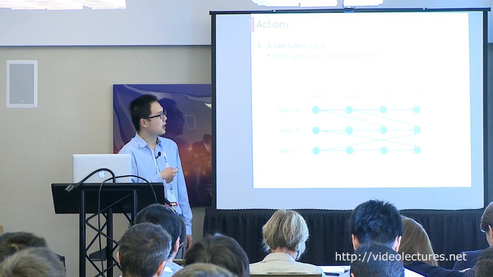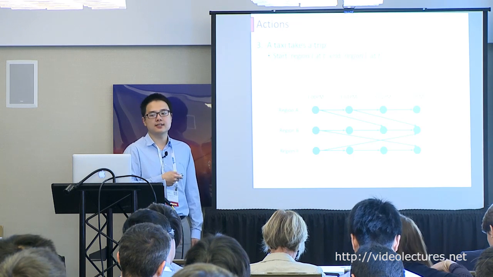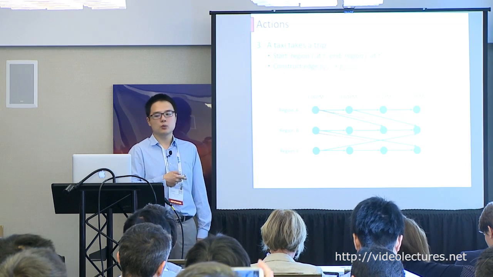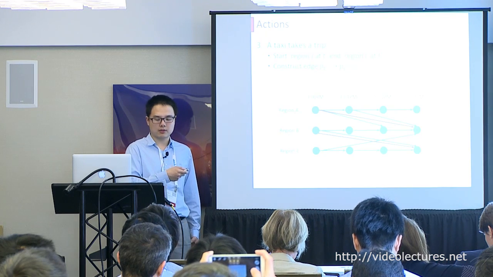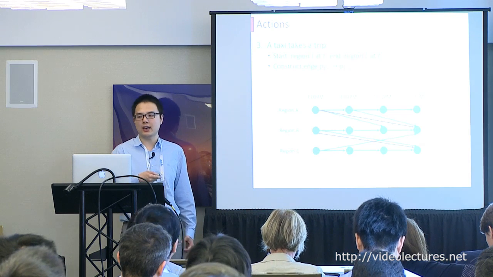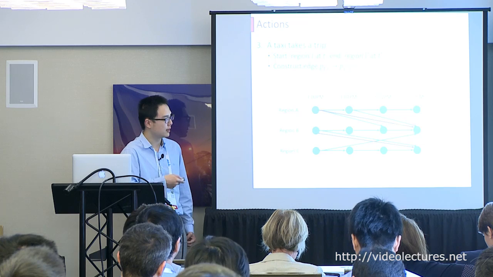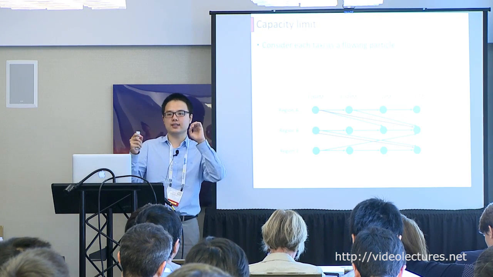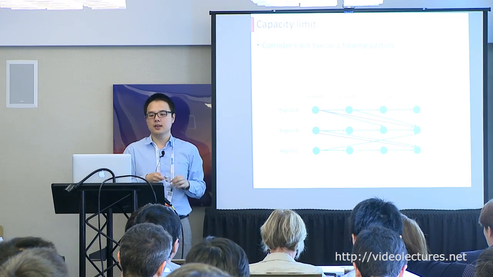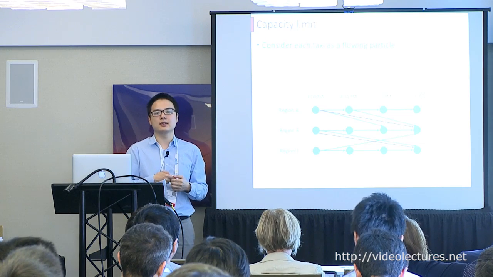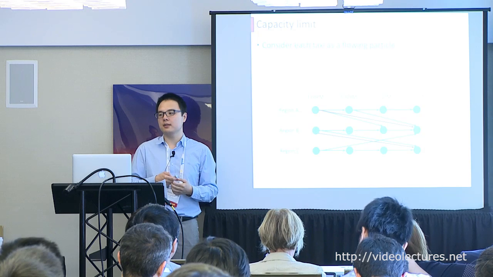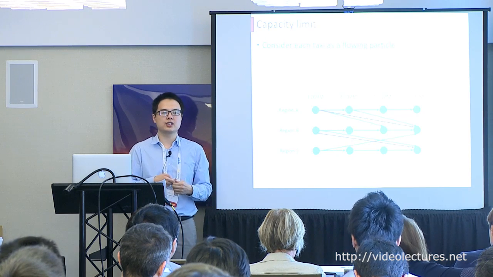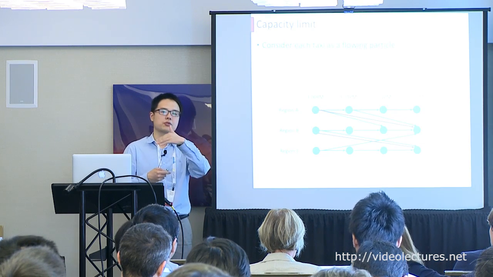Suppose a trip starts in region L at time t and ends in region L prime at t prime. We construct an edge from P(t, L) to P(t prime, L prime), which is this red edge. Now, if we consider each taxi as a flowing particle, then every edge should have a capacity limit, both an upper limit and a lower limit, which dictates how many particles can flow through that edge.